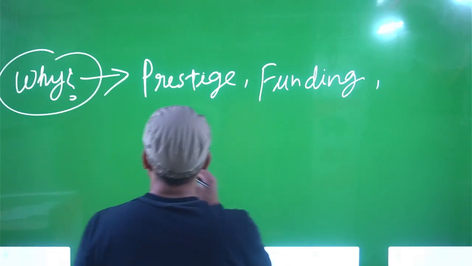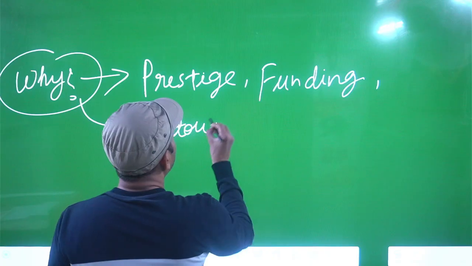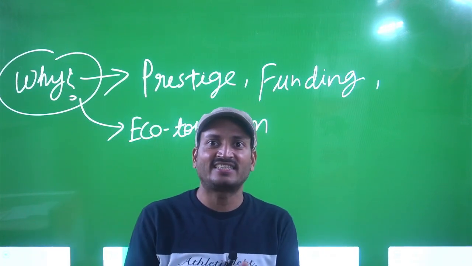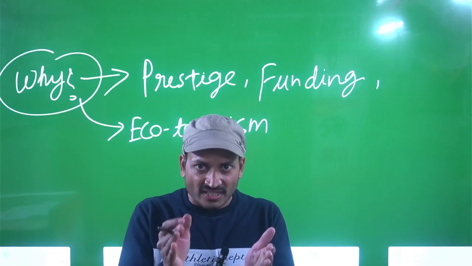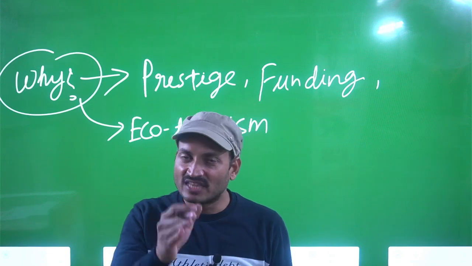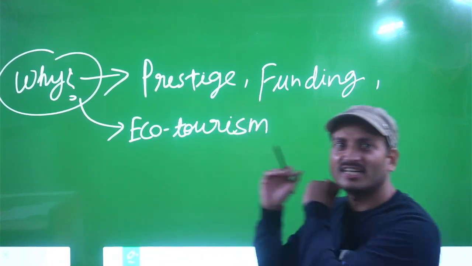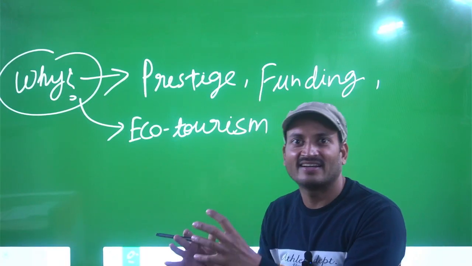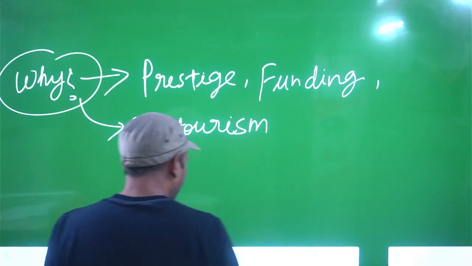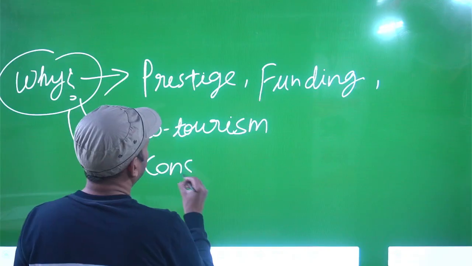The next important thing, which is the most important, is ecotourism. When a wetland in a country is recognized as a Ramsar site, tourism boosts in that region, and with the boost of tourism, we see various economic benefits to the local community. So that's why countries are eager that their wetlands are recognized as Ramsar sites. The next important feature is enhanced conservation.